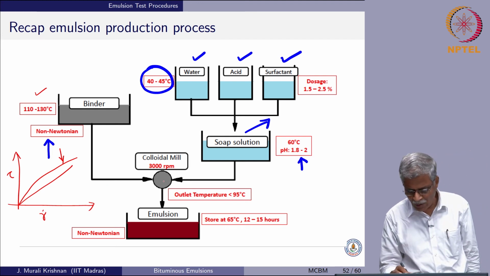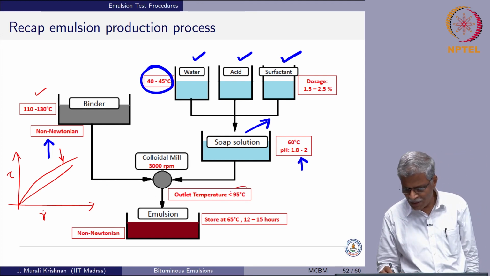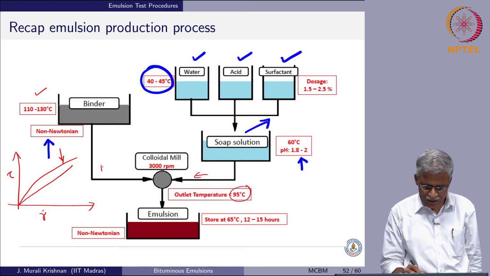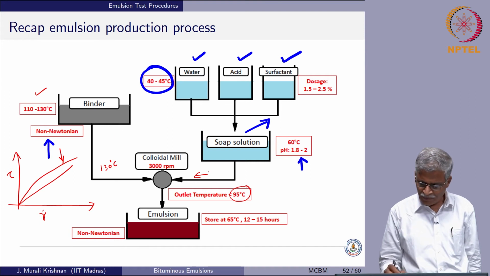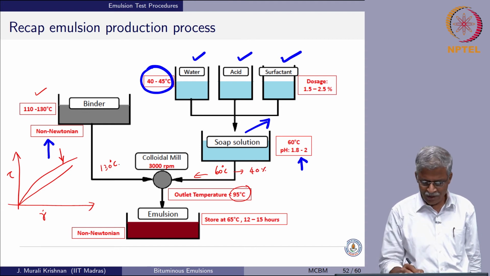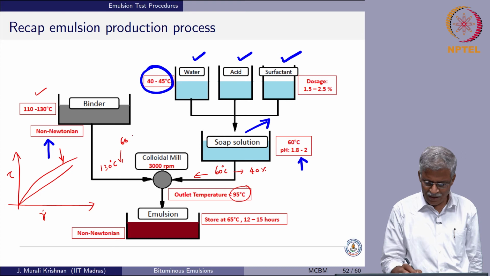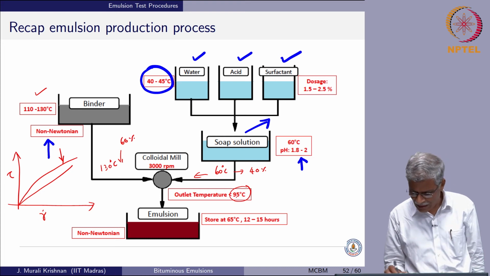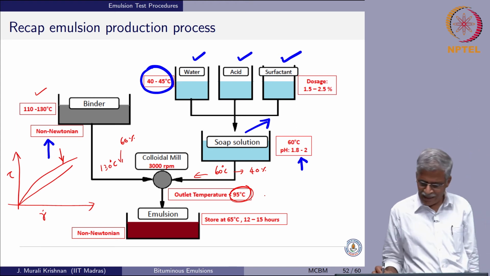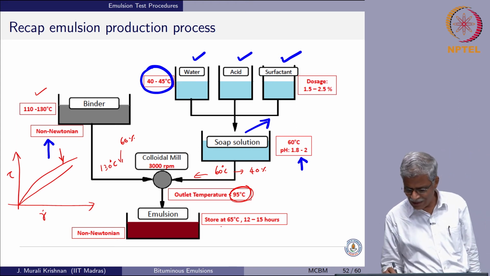So, run it in the colloidal mill and the emulsion, and at the same time mix it here. So, roughly this is 130 degree centigrade and this is 60 degree centigrade. Let us take this as 40%, let us take this as 60%, and then the outlet temperature is roughly of the order of less than 90 degree centigrade, 95 degree centigrade.